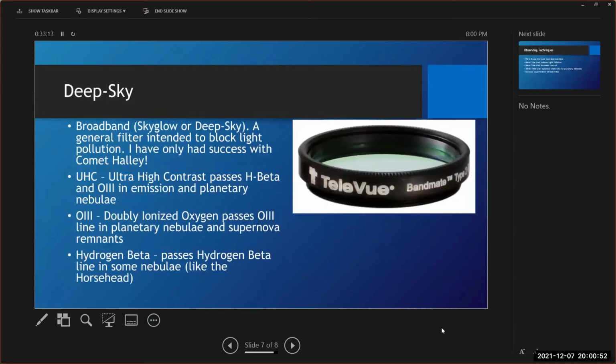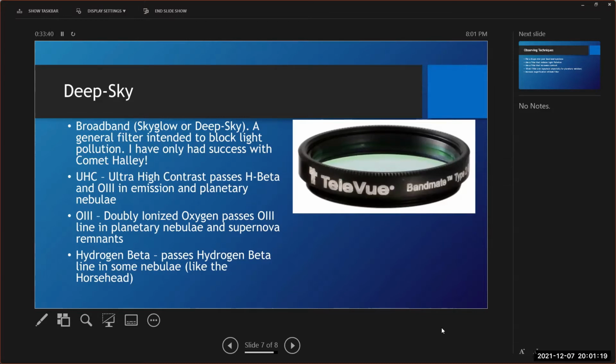Deep sky filters. Now we're getting into something I'm experienced with. I think I generally see 3 or 4 categories of these. I'll go in order from the widest bandpass, the least effect, to the smallest bandpass and the strongest effect.